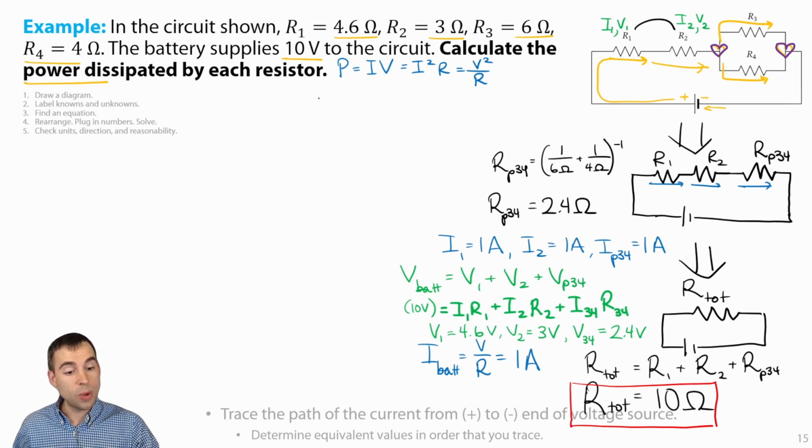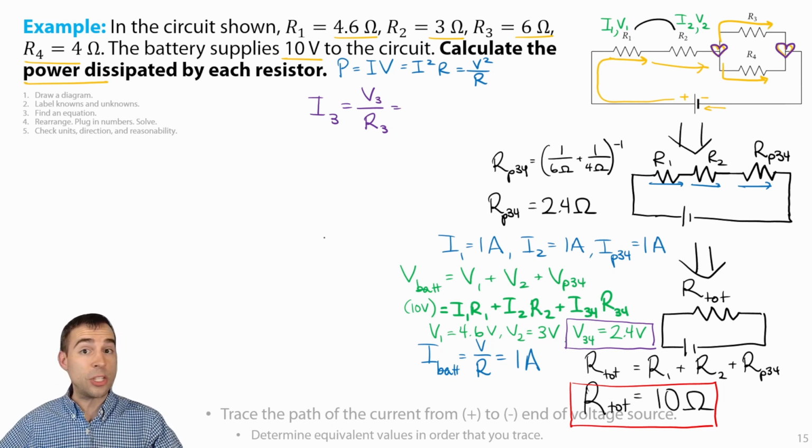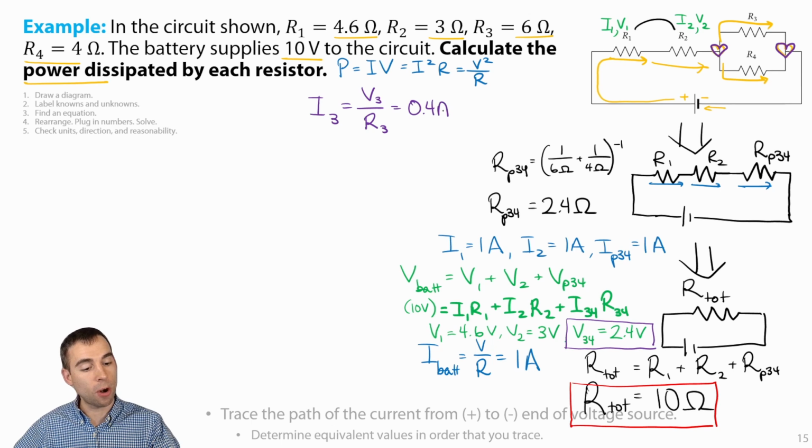For resistor 3, we can determine the current flowing through it by doing V3 divided by R3. And so that is the 2.4 volts down here. That's the same voltage across 3 and 4 separately, or whether they're combined. And so that'll be 2.4 volts divided by 6. That gives us 0.4 amps down resistor 3.